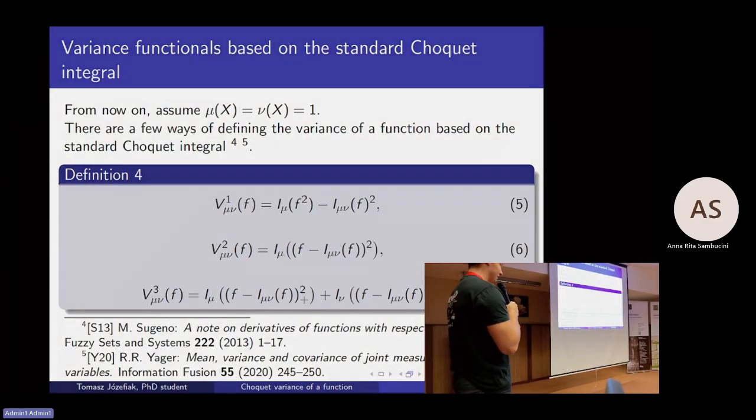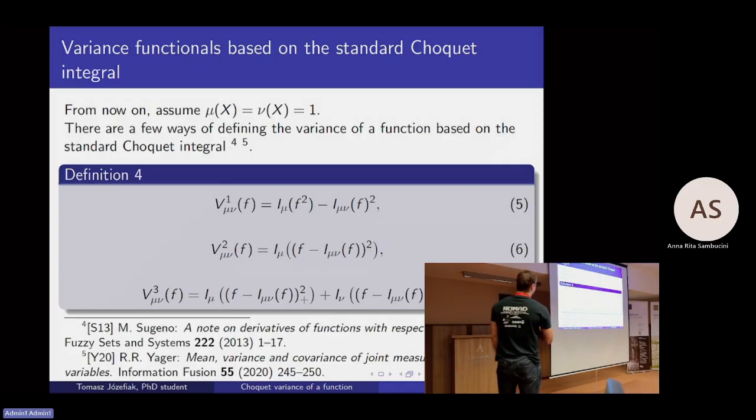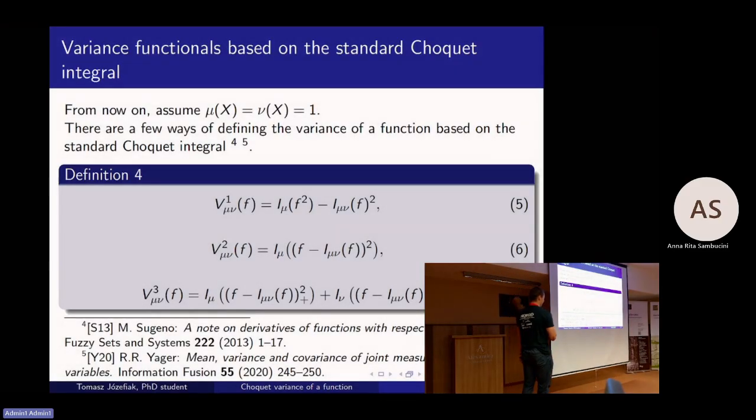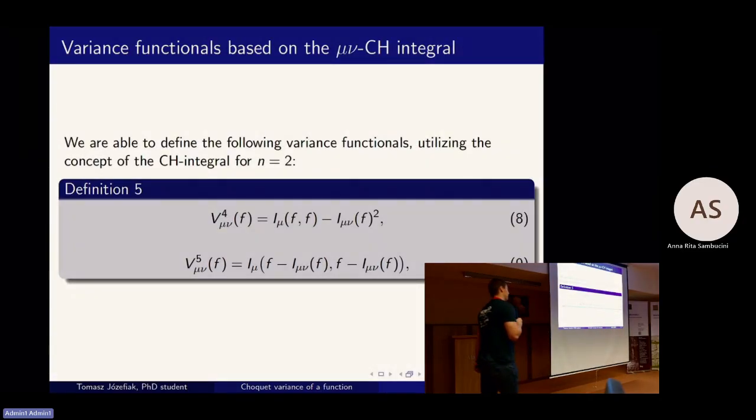Okay, but I introduced at the beginning the concept of the double Shortcut integral. So how can we go with that? The answer is on this slide, so let's take a brief moment and see what is happening here.